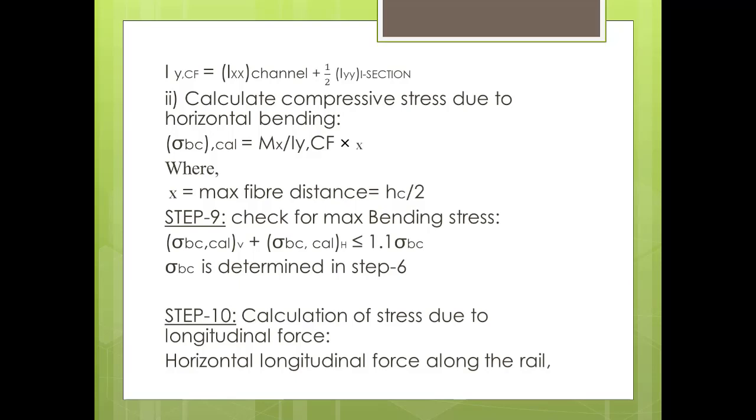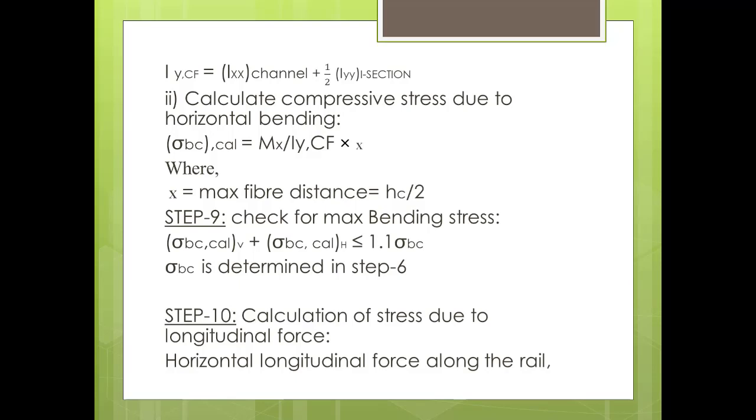We have already calculated sigma BC in step 6. If we don't get the total addition of this sigma BC lesser than 1.1 sigma BC, then we have to redesign from step 3 onwards.